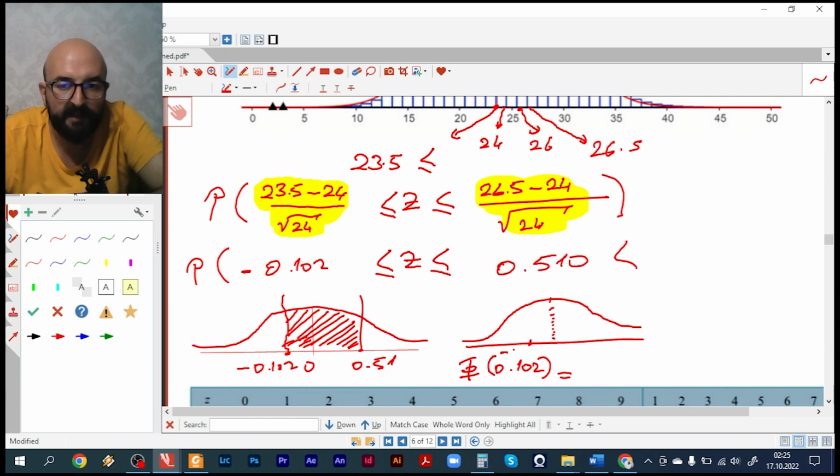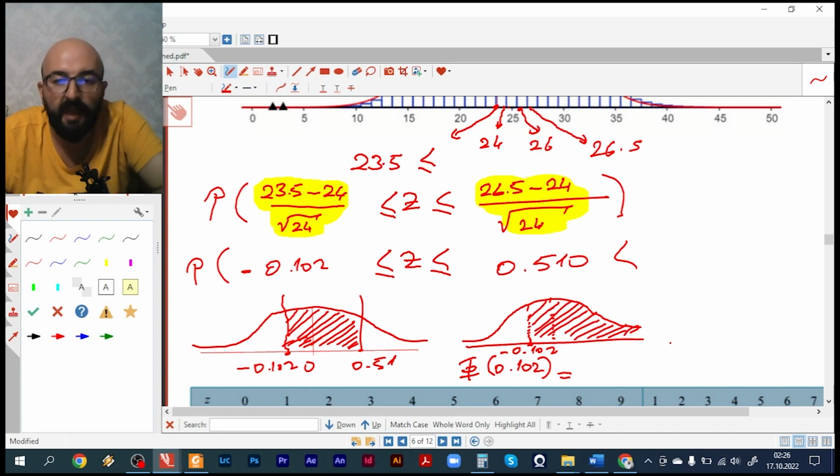And negative 0.102, the big area, is to the right of this point. So when you look at the Z table for 0.102, you should find the big area.